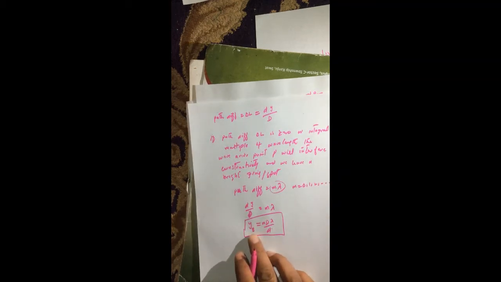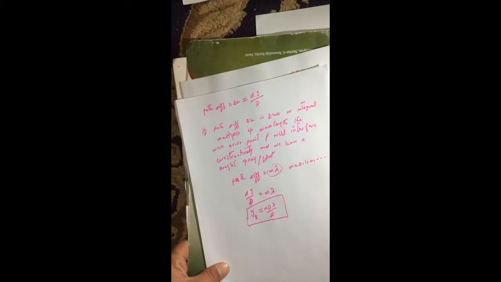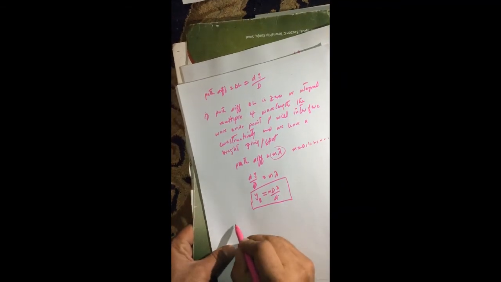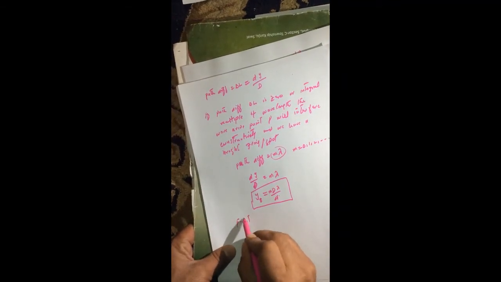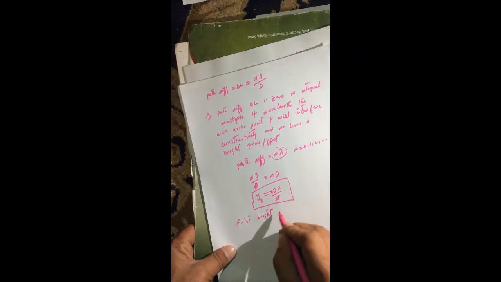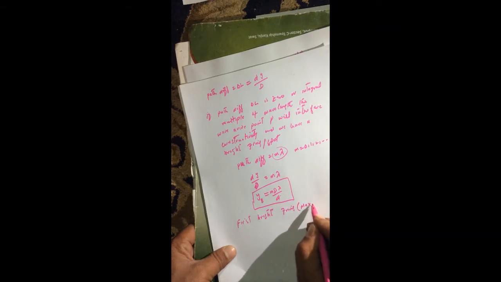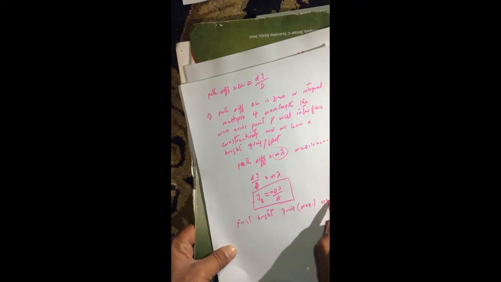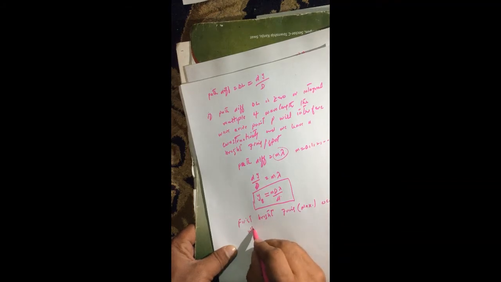The first bright fringe, a maximum, occurs when m is equal to 0.